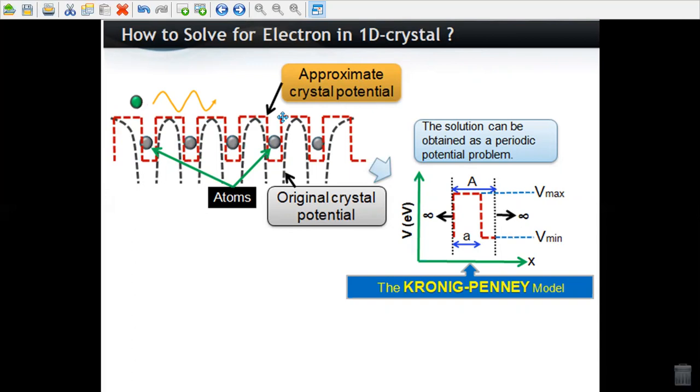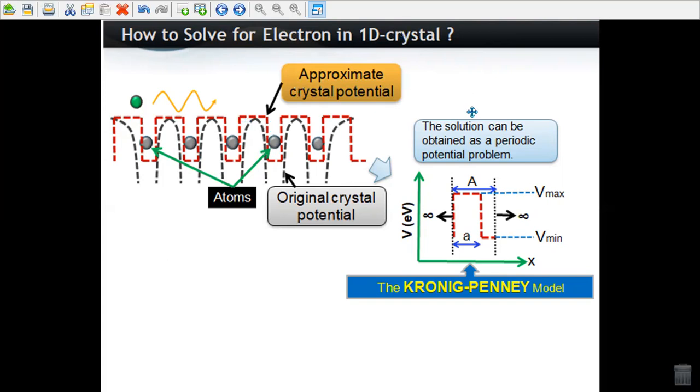This kind of approximation is used for the periodic potentials in crystalline solids. So these dotted lines are the original crystal potential, but the approximation is the square potential well. These are the atoms, and the electrons are traversing the crystalline solid where the periodicity is the lattice constant.